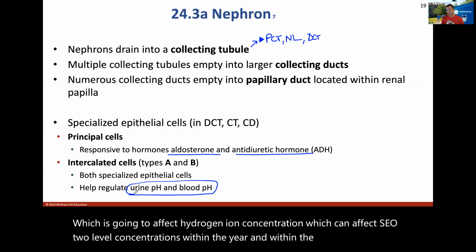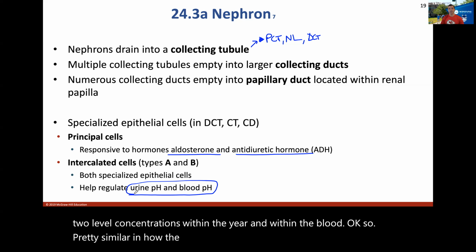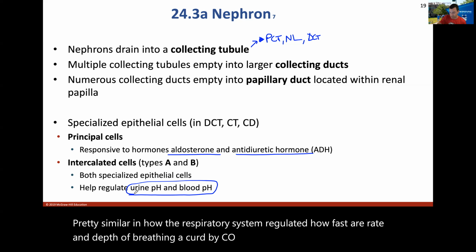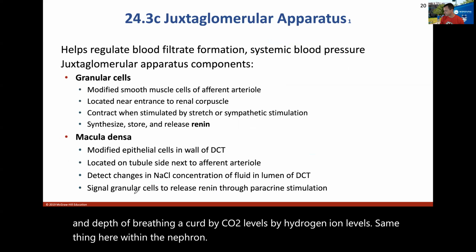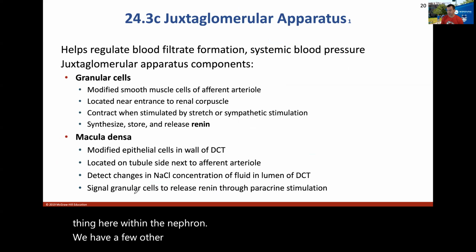So pretty similar to how the respiratory system regulated the rate and depth of breathing by CO2 levels and hydrogen ion levels. Same thing here within the nephron. We have a few other cells as well that help us to basically form urine.